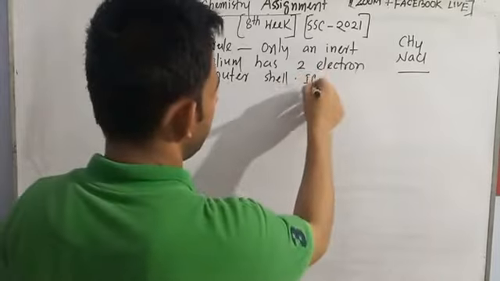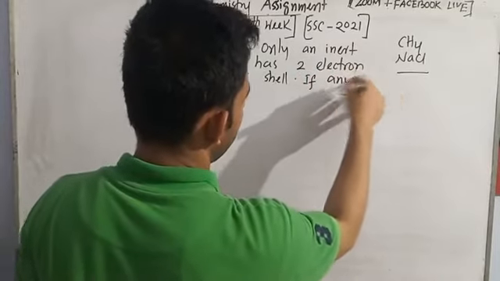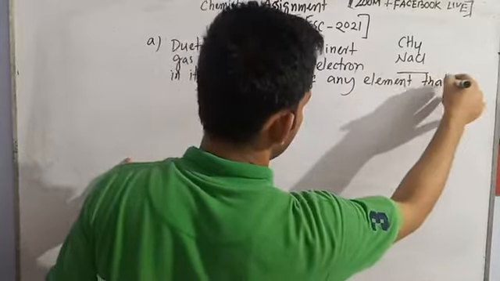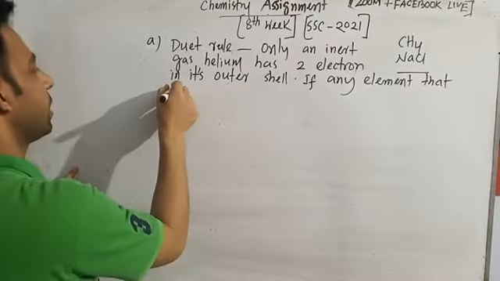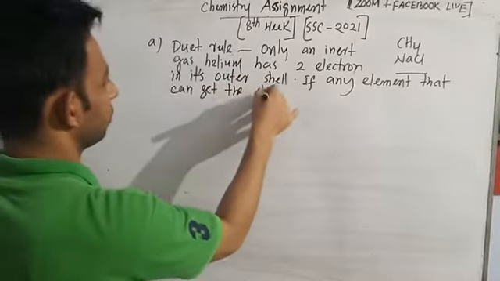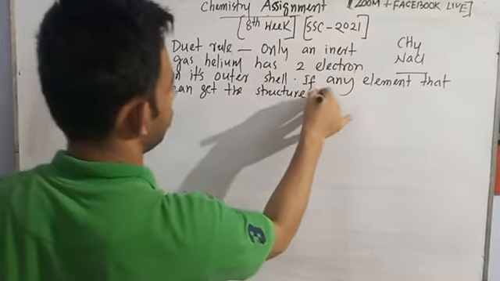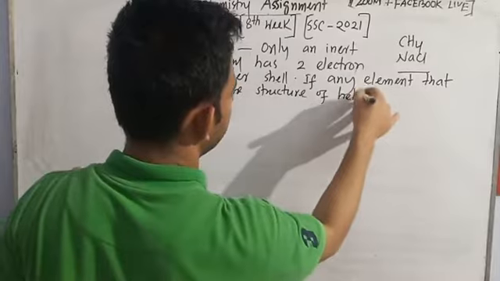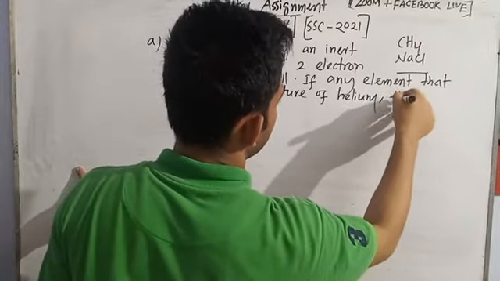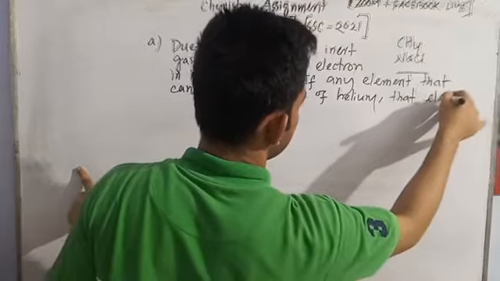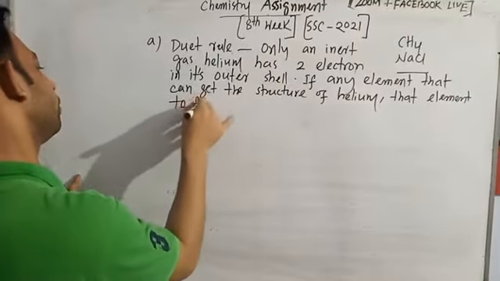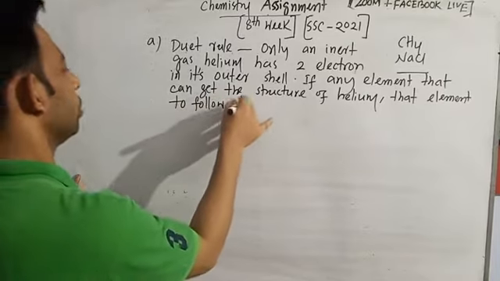If any element can get the structure of helium, that element follows the duet rule.